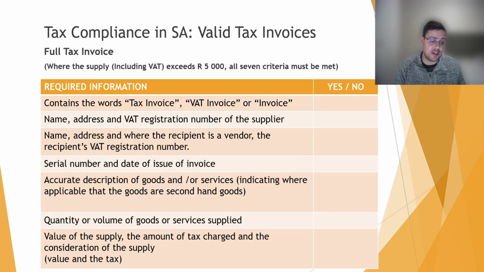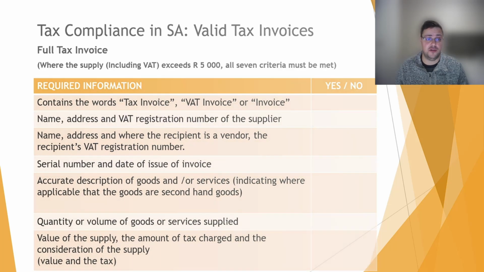Is the quantity or volume of the goods or services supplied? Yes or no. And is the value of the supply, the amount of tax charge, and the consideration of the supply shown? Yes or no. So this slide is specifically for full tax invoices where the supply including VAT exceeds 5,000 Rand. We will now look at the case where the supply is less than 5,000 Rand.